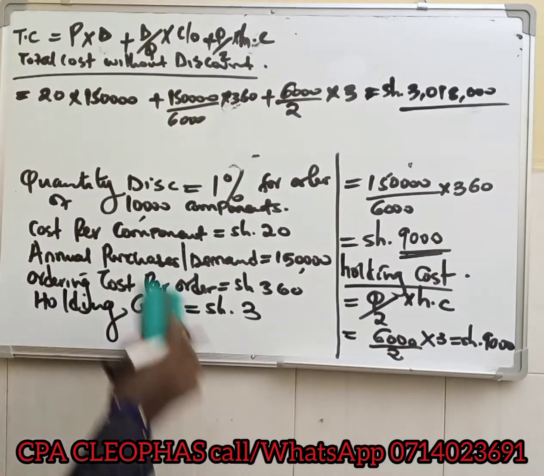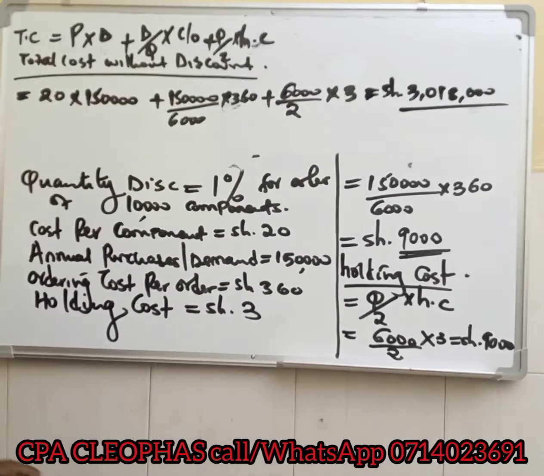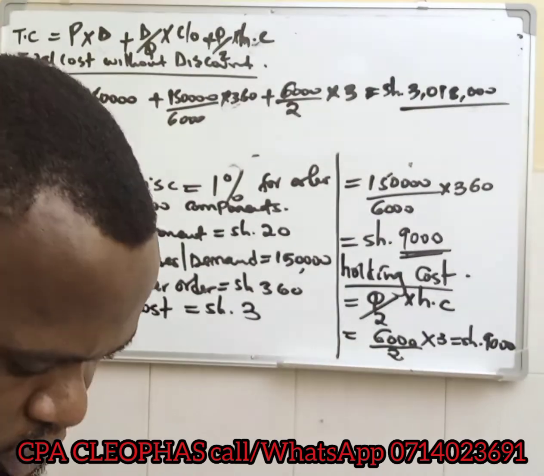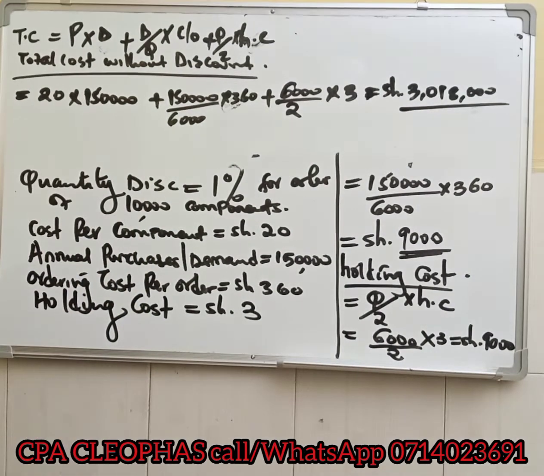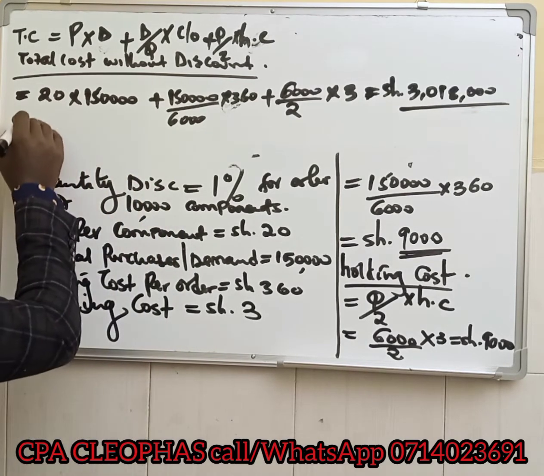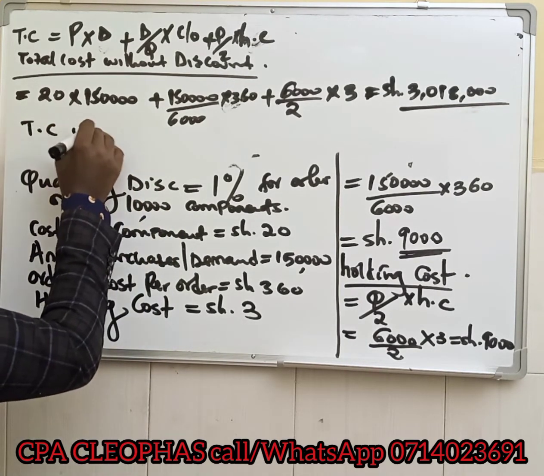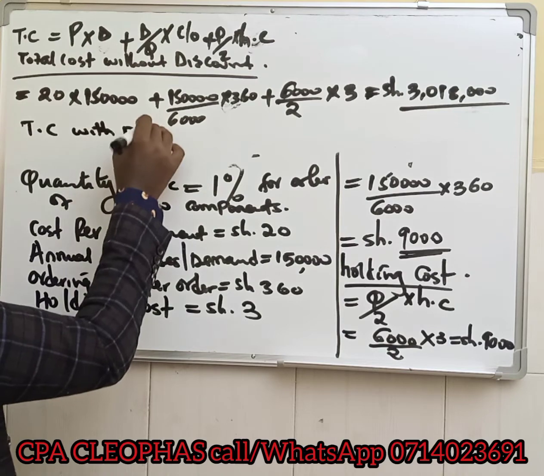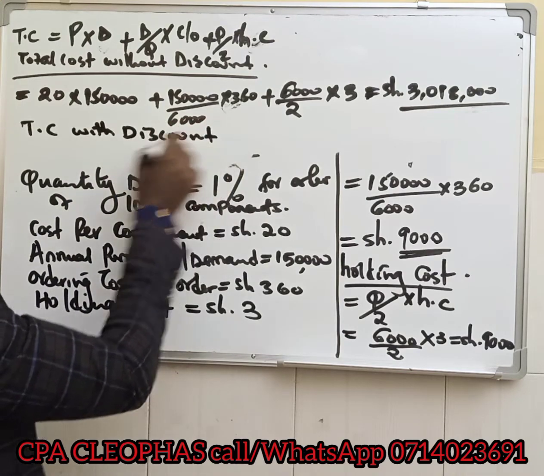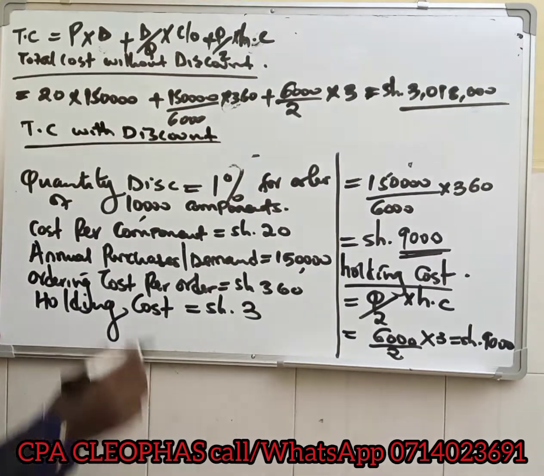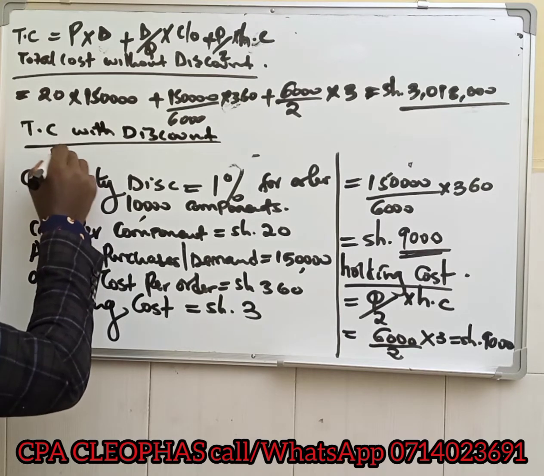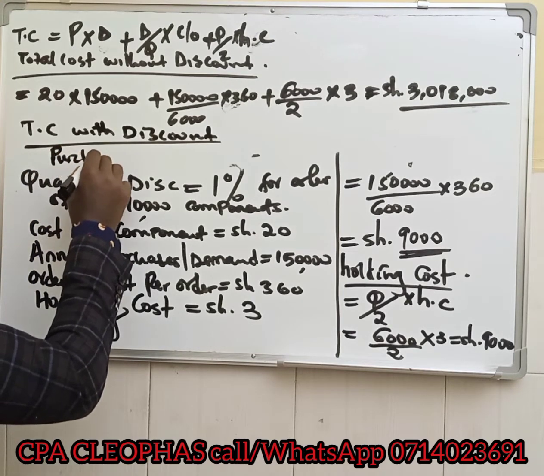Now compute with the discount. The discount affects what? Purchase cost, the carrying cost, and the holding cost. So total costs with the discount: we are going to affect our purchase cost per unit.